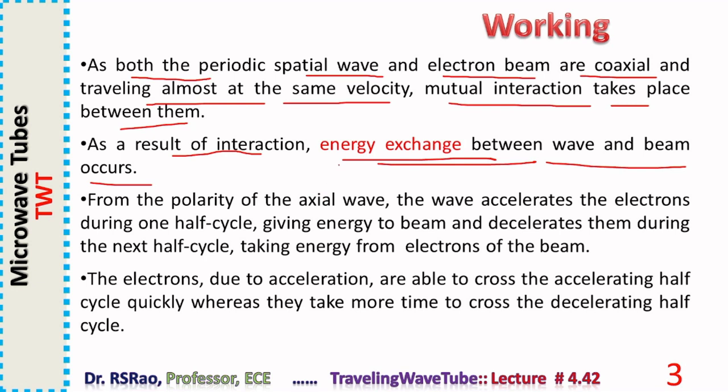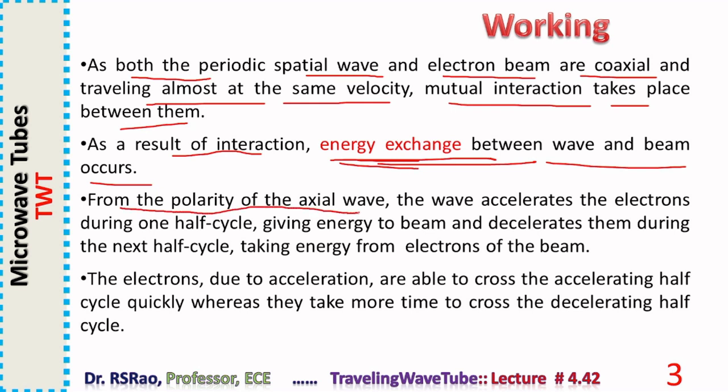Notice here, energy exchange means in both directions. Energy can be transferred from beam to signal, and it can be in the opposite direction also, from signal to beam. But the amounts become unequal, and there comes into being a net energy transfer from beam to signal when certain conditions are satisfied. We are going to see those aspects.